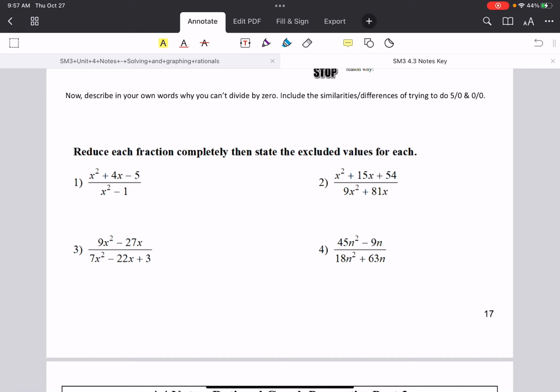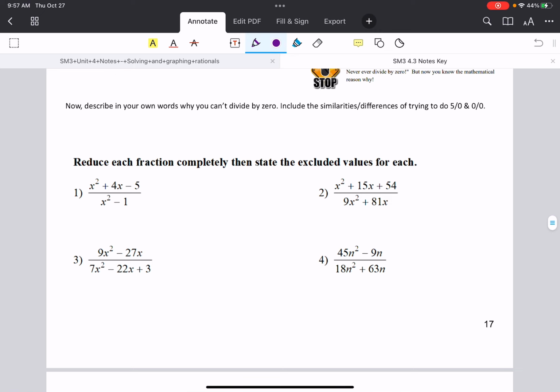Let's do 1 and 3 together. What were the factors on top for 1? X minus 1 and x plus 5? Okay. And then the bottom?